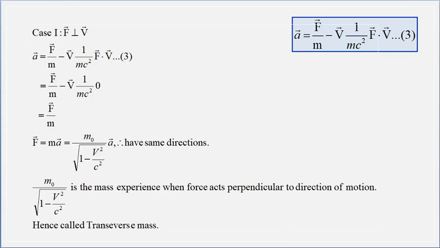So it is behaving like Newtonian relativity. When a force is acting perpendicular to the velocity, the force and acceleration have the same direction. So this is called the transverse mass.